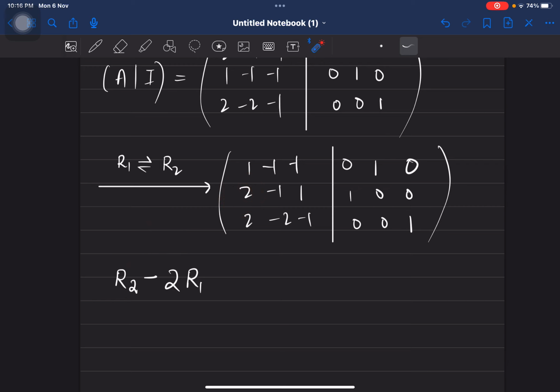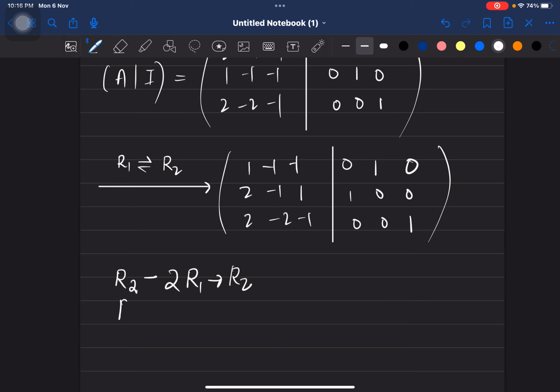Okay, easy. So this is basically row 2. The 2 minus 2, this is the row 2. How do I get another 2 here? I only got 1. So for me to get 2 here, I need to multiply the 1 by 2. So 2 times row 1. So 2 times 2, I get 0. So this one I change for row 2.